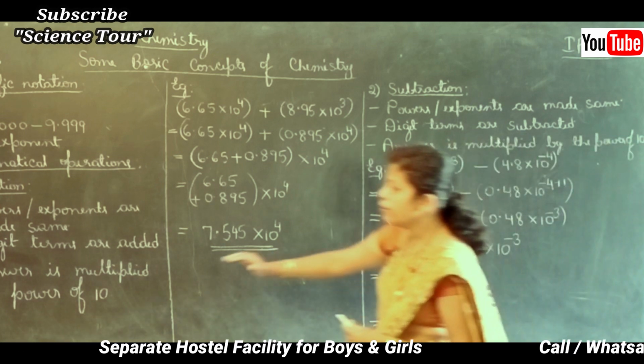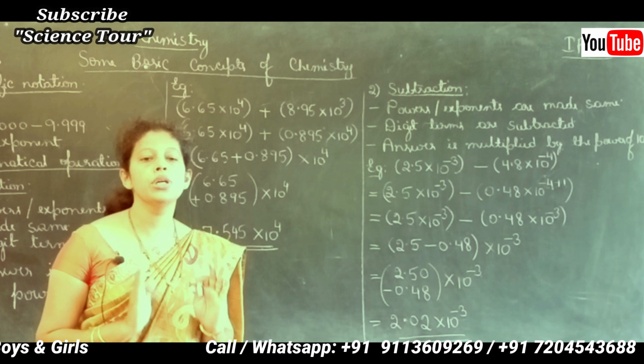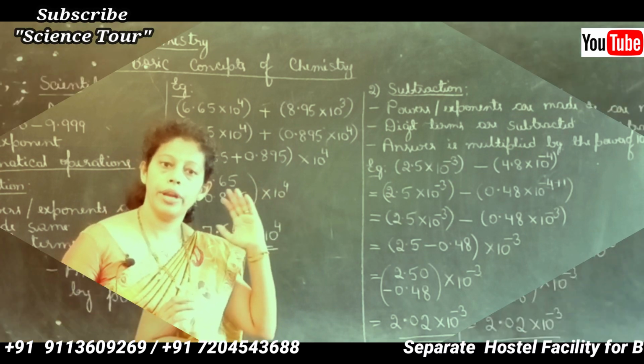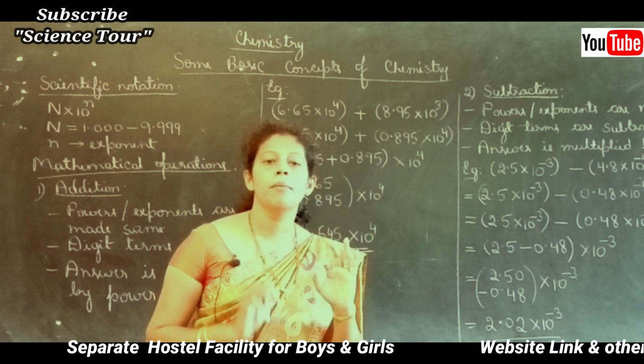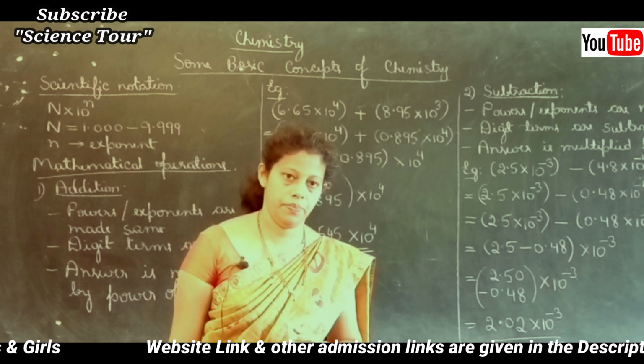Remember, whenever you do addition or subtraction, first you have to check whether the exponents are same. If they are not same, then make them same by shifting the decimal point in any one of the digit terms.